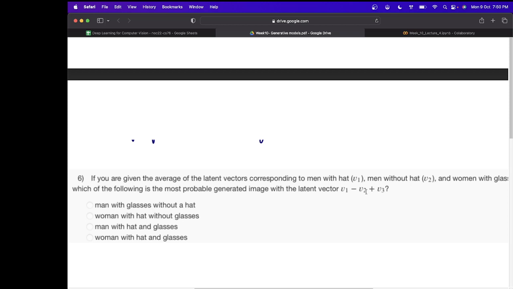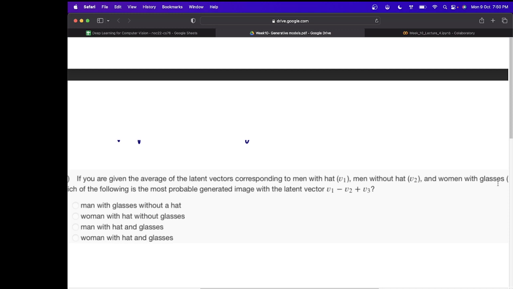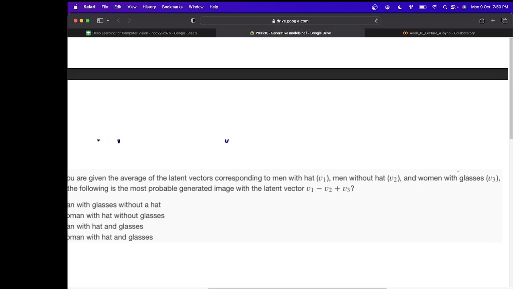The two men are getting cut, eliminated, and all you are left with is the hat part. So V1 minus V2 basically eliminates the gender information, and it only leaves you with the hat information. Now you have women with glasses as V3, right? That is what we are seeing here in the question. So now you have this hat information and you are adding women with glasses, so women with glasses and this hat.